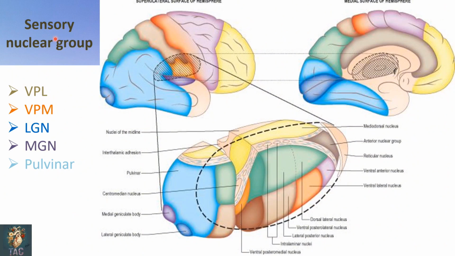So these are all the sensory nuclear groups: the ventropostrolateral nuclear group to the primary somatosensory cortex, the ventropostromedial nuclear group also to the somatosensory cortex, the lateral geniculate body to the occipital area, the medial geniculate body to the auditory area, and the pulvinar to the occipital area.